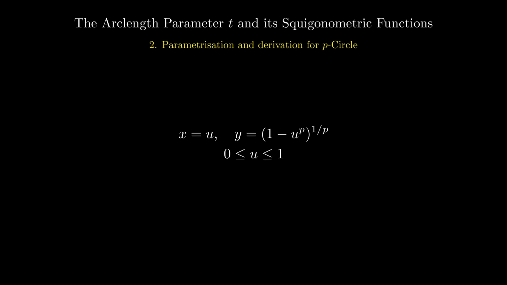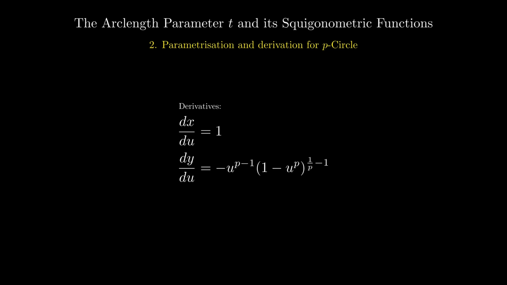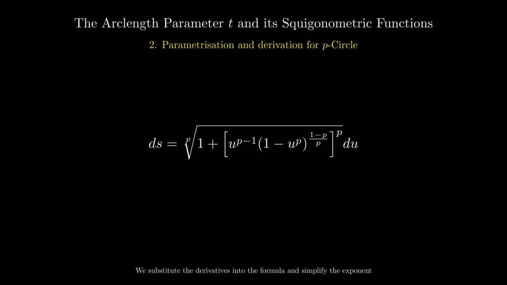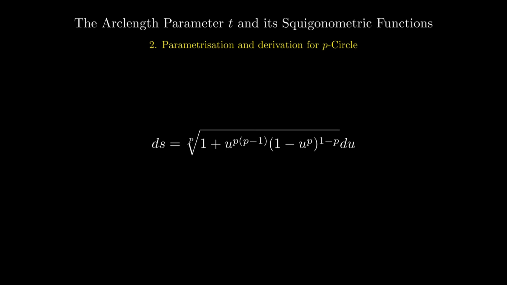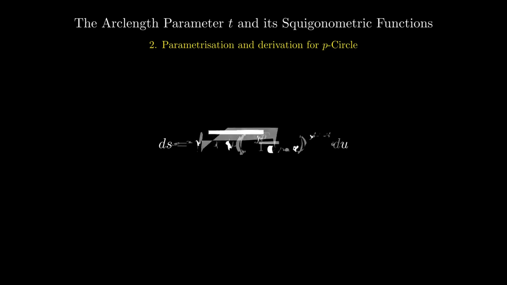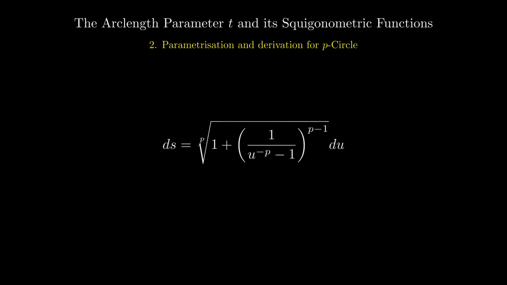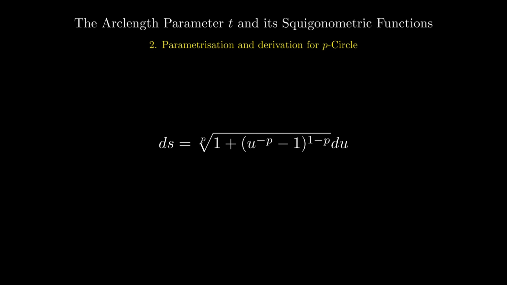And then we take the derivatives as the formula wants us to. We plug it in, and that's already an expression for ds, but we can make this look cleaner if we just go through a lot of simplifications. Now we have an expression for ds.